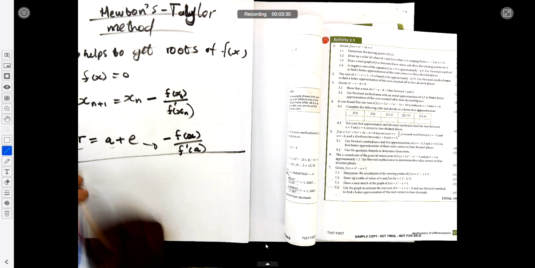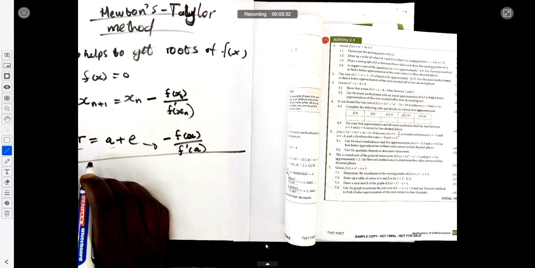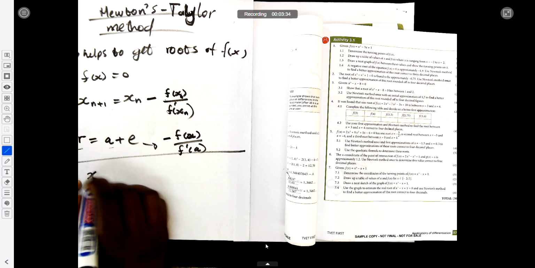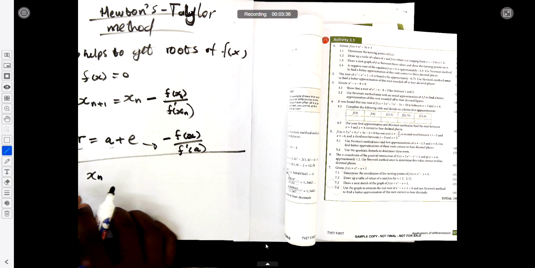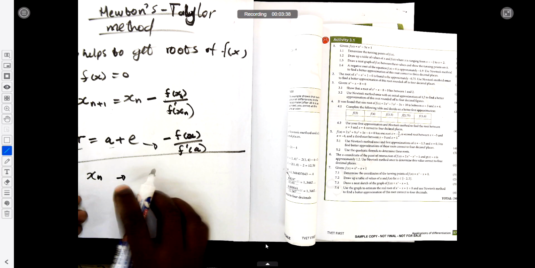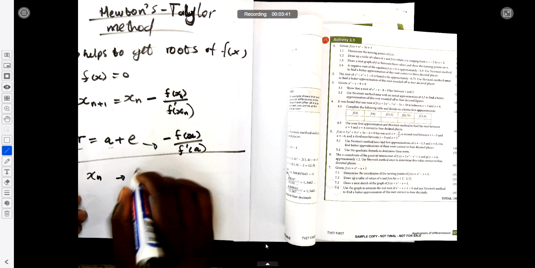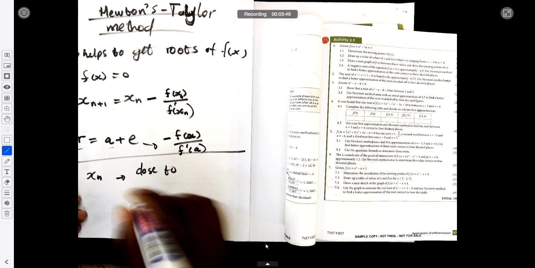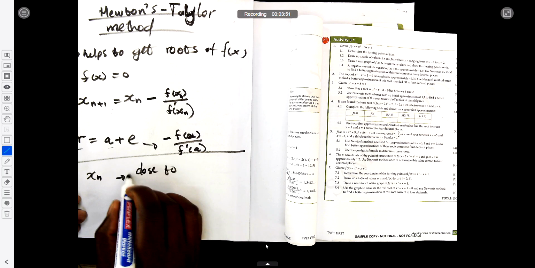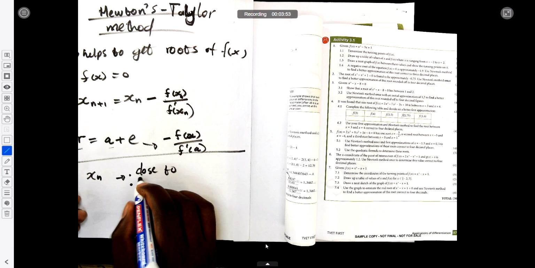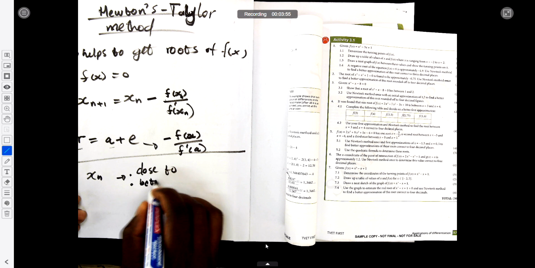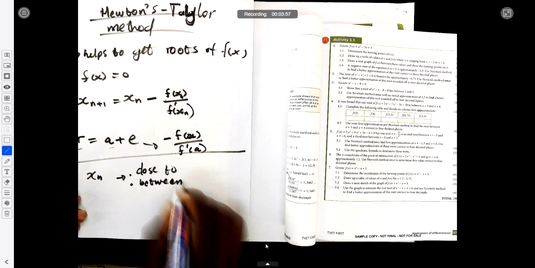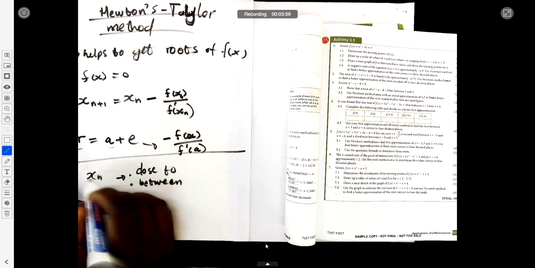There's something that I want to specify. Normally we can identify our xn if you hear the word close to. When they say the value is close to, then that will be xn.